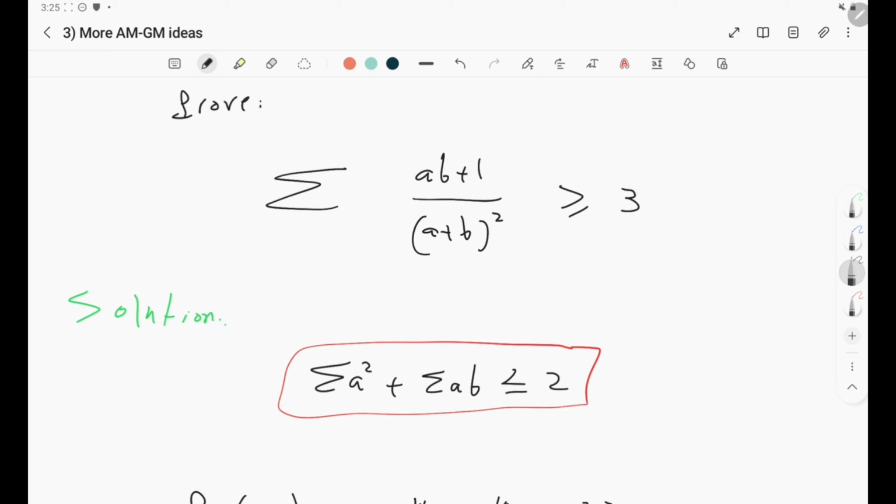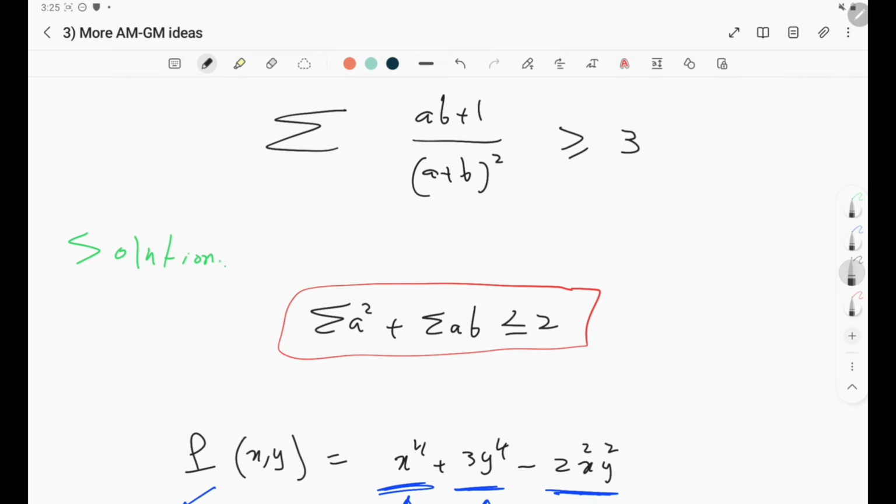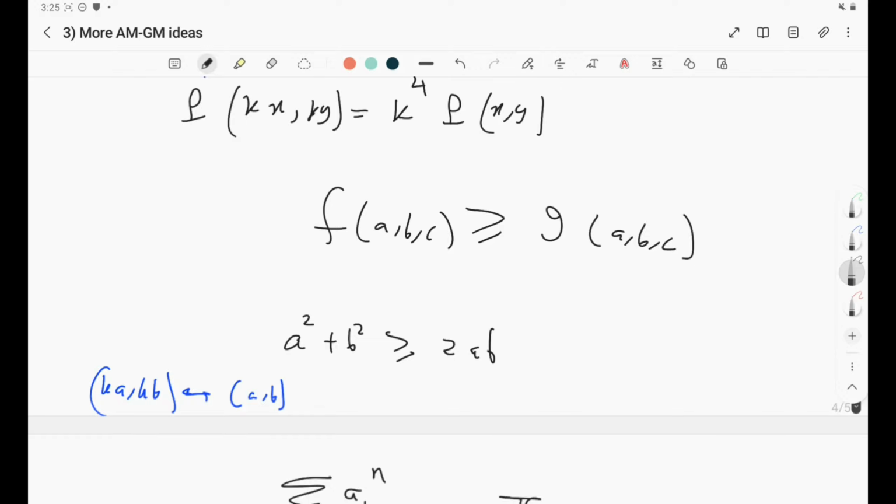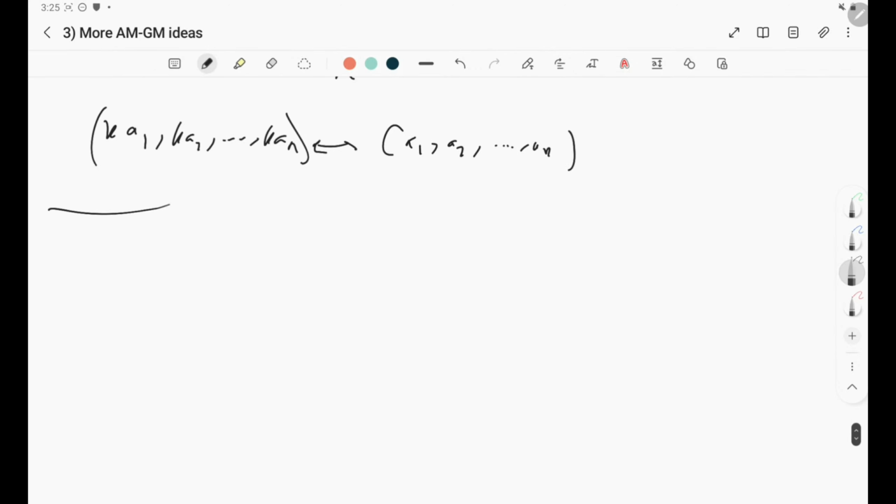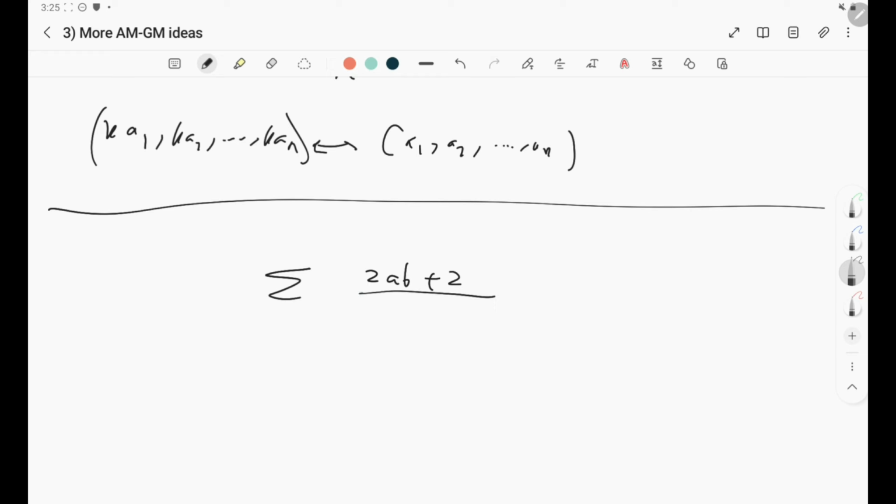All right, so let's do that. Of course, you can also do a 1 here, and put this 2. But okay, let's just do that. It's easier, to get rid of the fractions. So let's multiply everything by 2, and then use this idea. So let's try that again. So here, we need to show that sigma now 2ab, because we multiplied by 2, plus 2 over (a plus b) squared.